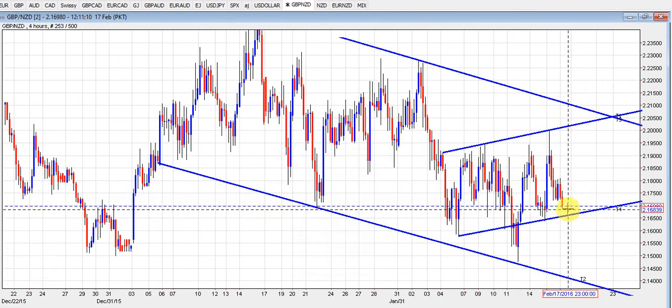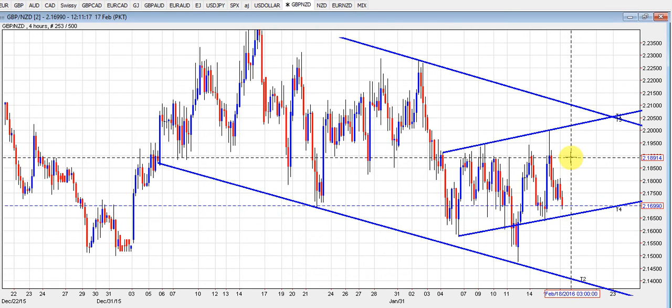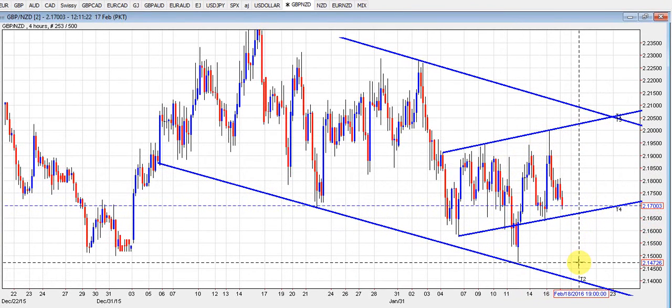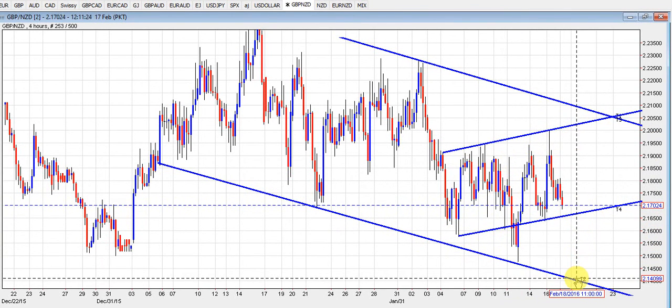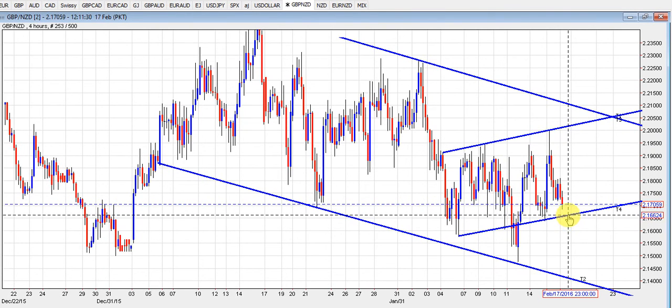Should get some kind of movement back on the pair, but apparently, the way it's been structured, it can break on the lower side. So might get another move down here, but break dependent. So for the day, 2.1650ish will probably end up giving you short-term buys, but not to fall in love with those buys unless they start performing well.